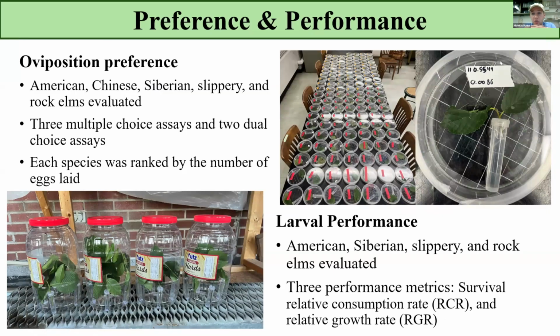So we've been looking at oviposition preference, which is essentially which elm species EZS prefer to lay their eggs on. Last summer we looked at Siberian, Chinese, American, slippery and rock elms. I won't bog down on the details, but we also did larval performance between most of those species, with the exception of Chinese elm, just because we ran out of larvae in the middle of the season. We looked at survival, consumption rate, and growth rate.